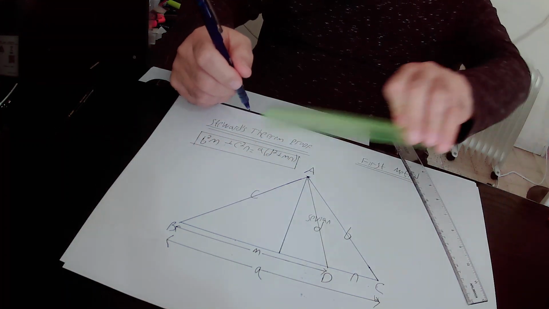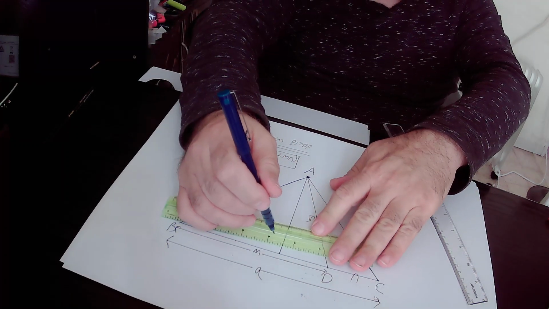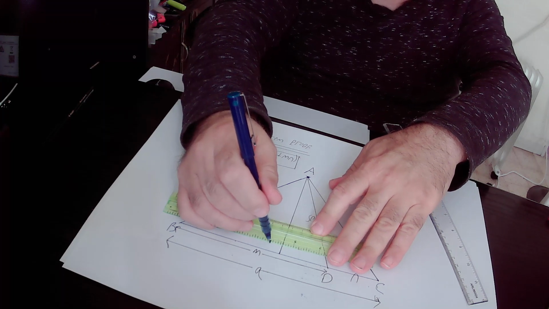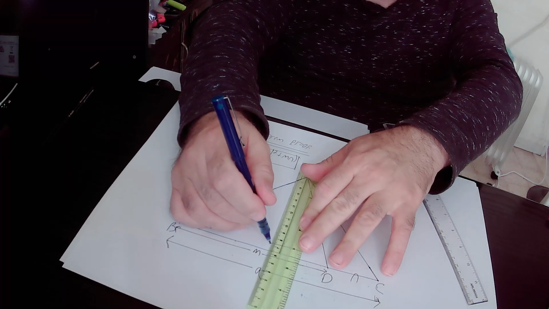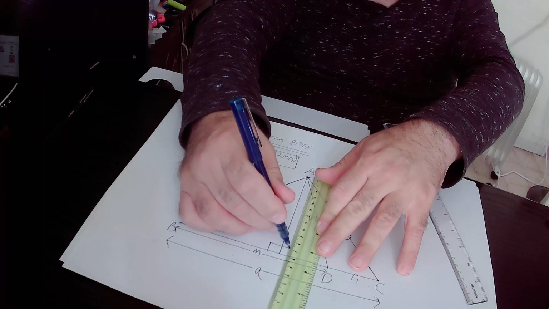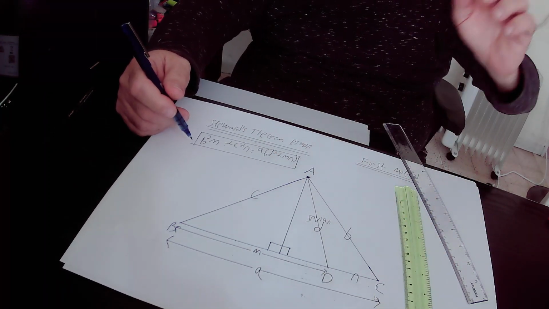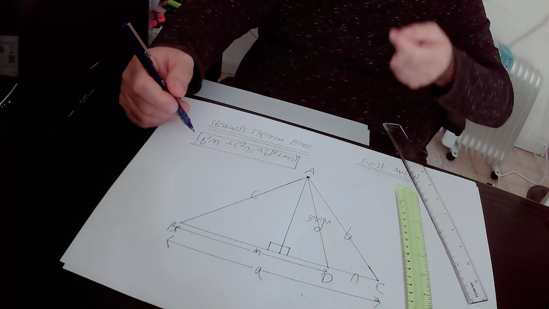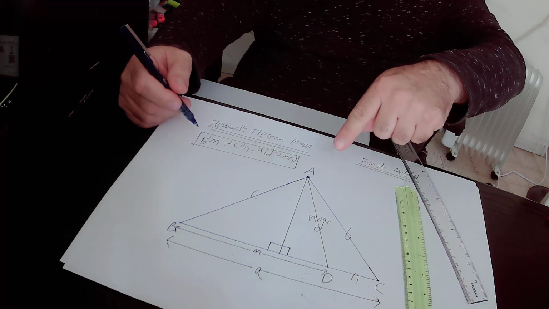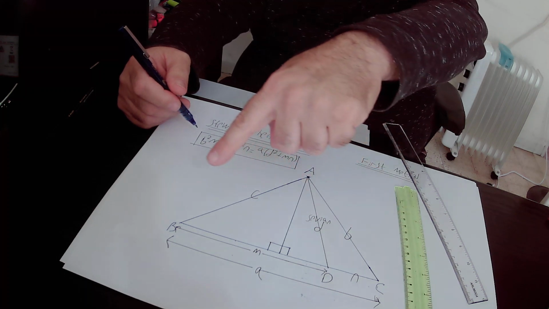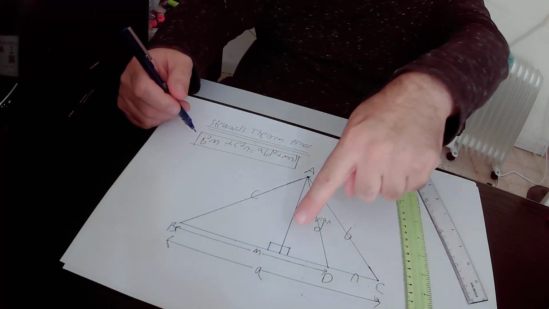So this angle equals 90 degrees, and this angle is also equal to 90 degrees according to our construction. Okay, we will define the touching point of the perpendicular from point A and BC as E.